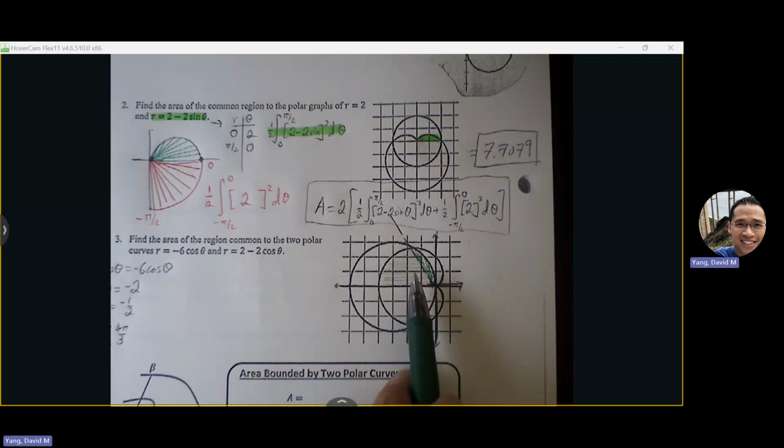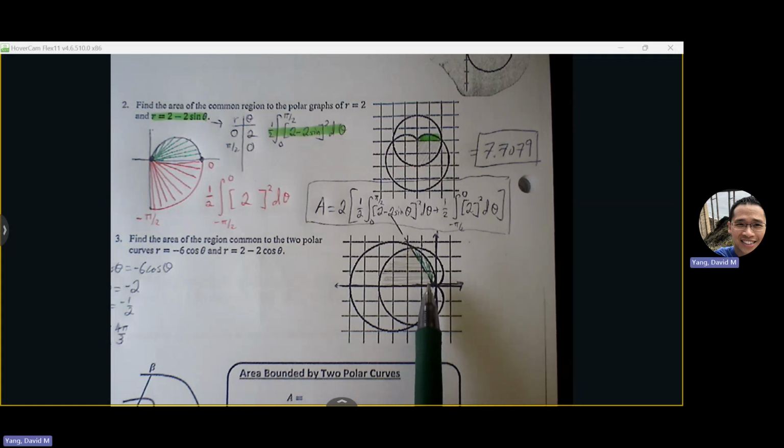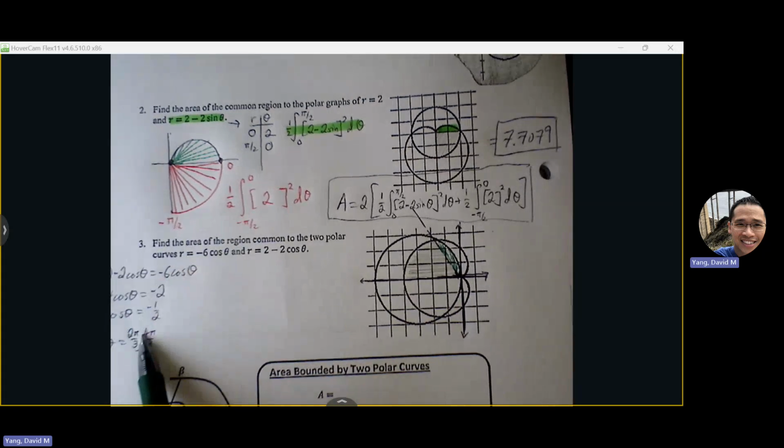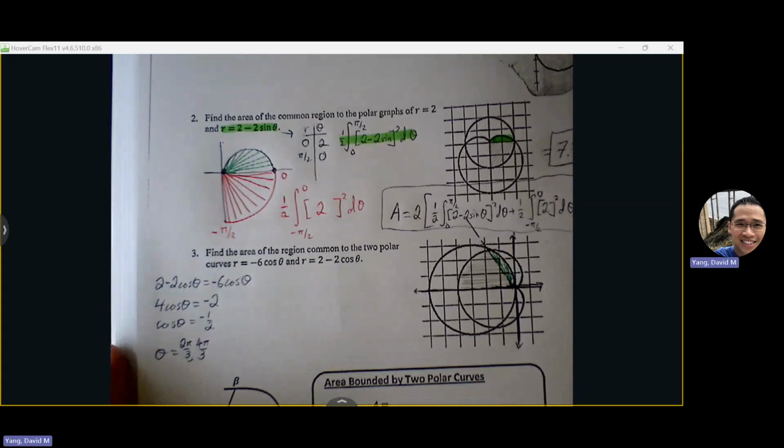So this region here, what is this touching? Is this touching the circle or is it touching the limaçon or the cardioid? Circle. Okay, so the circle is going to be from 0 all the way until 2 pi/3, right? Oh wait, I'm sorry.